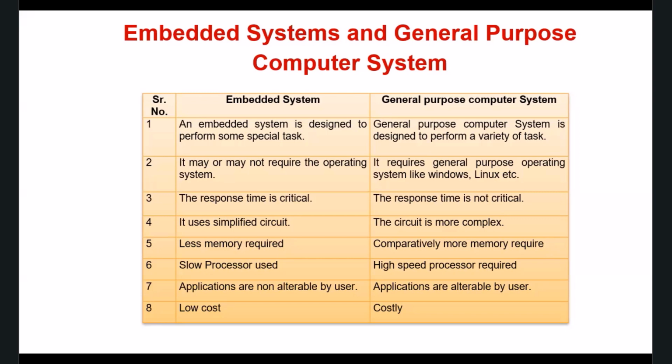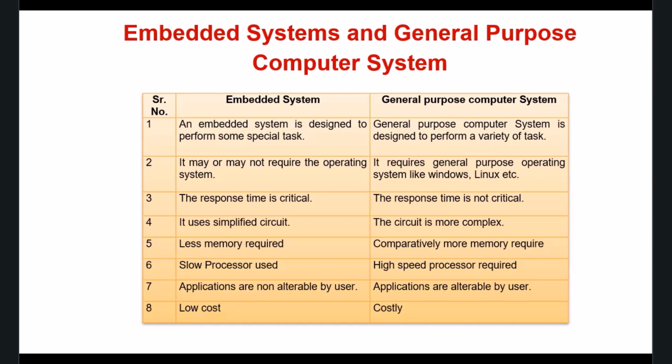The second difference is that the embedded system may not require an operating system, but the general purpose computer system always requires an operating system. I'm not saying that the embedded system will never require an operating system. It may require one.